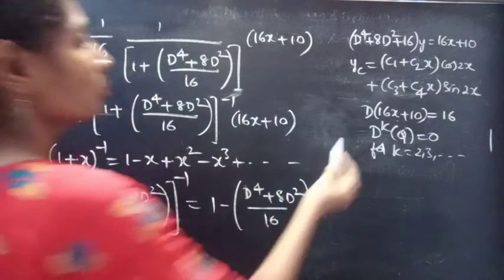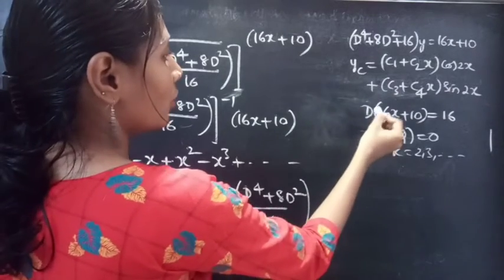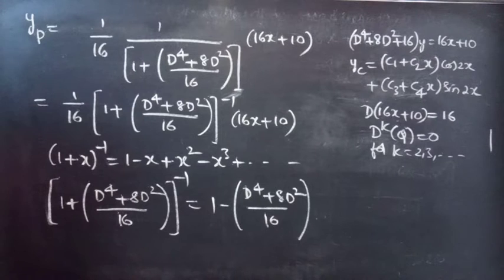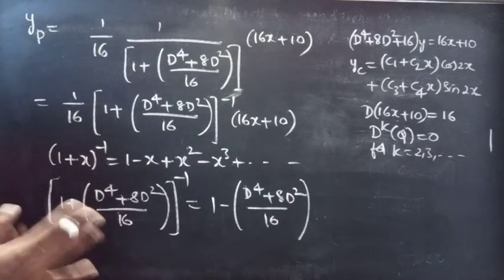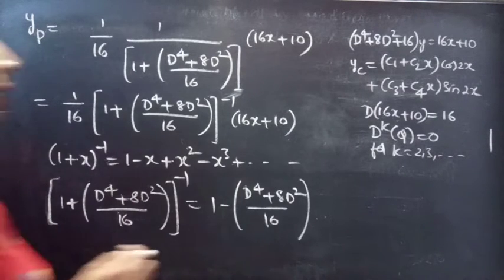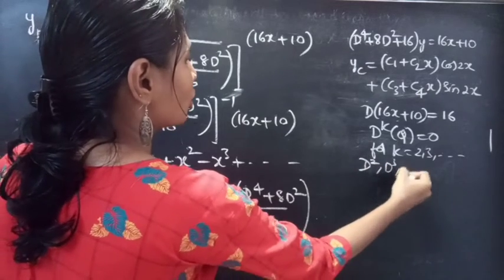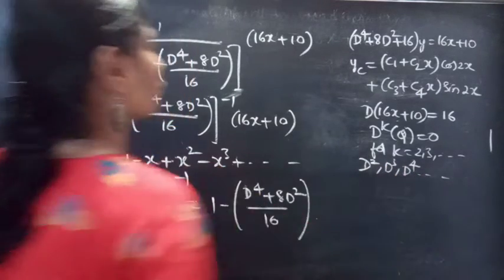Now we need to remember that we only have D, the derivative of the q value, and we don't have D square, D cube, D power 4, 5 and so on. We need to neglect terms from D square, D cube, D power 4 and so on.